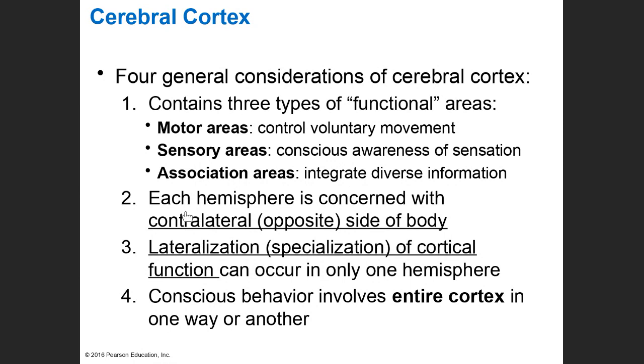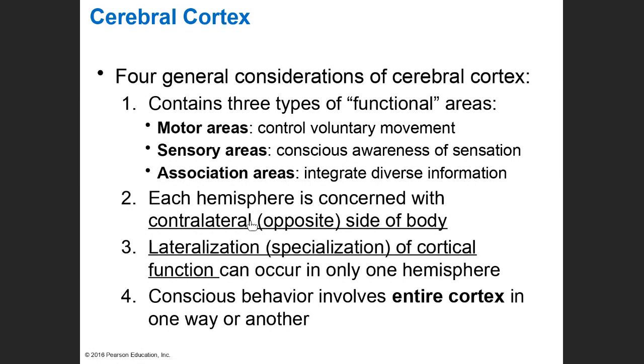Regarding the cortex, we have opposite control. You've all heard this, and I think I've mentioned it before, that we have contralateral control. What that means is the right side of the cortex controls the left side of the body and vice versa.